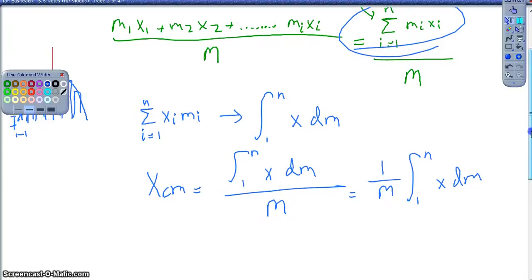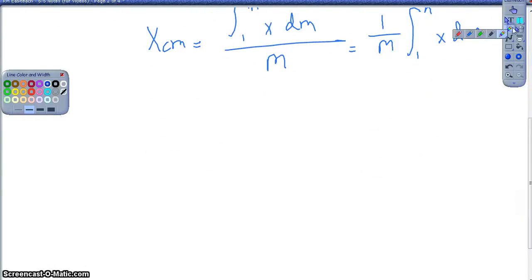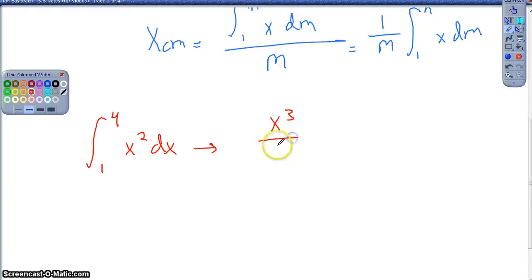I will make a quick side note here. I hope most of us at this point have seen the calculus, but we are going to deal a lot with definite integrals in this case. Just as an example, if I give you the definite integral from 1 to 4 of x squared dx, a definite integral says we integrate this like we normally would, so integrating this function, I would get x to the third divided by 3.